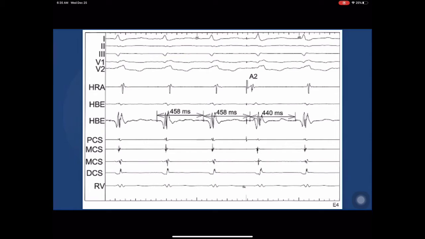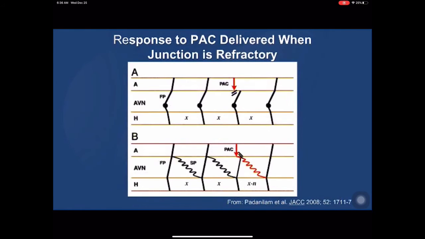You put in a PAC when the His has already been identified, so you know you can't affect this junctional area, yet you bring in the next His tracing. So your premature brings in the next His without affecting this one. Therefore, you cannot have a junctional tachycardia.